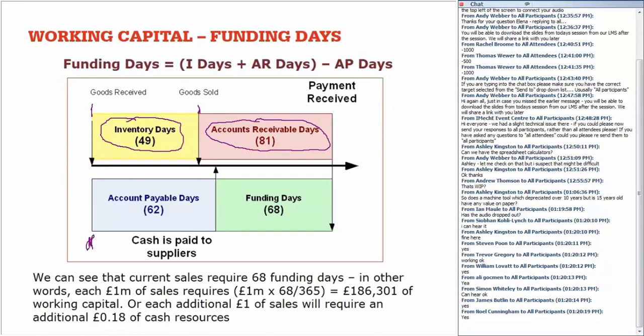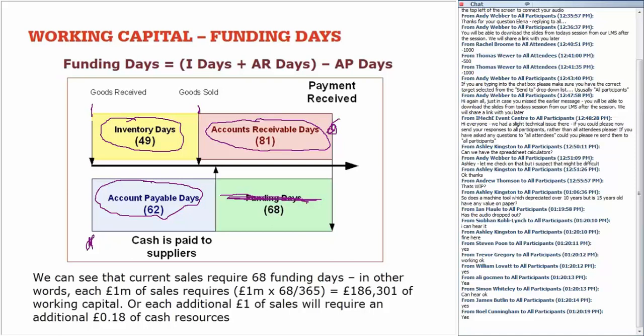And on average, you pay that supplier in 62 days. So that means after 62 days, you have money going out of the business, but you haven't received the money for the goods that you've sold until here. So you now have a funding gap of 68 days, and that's what working capital is covering.